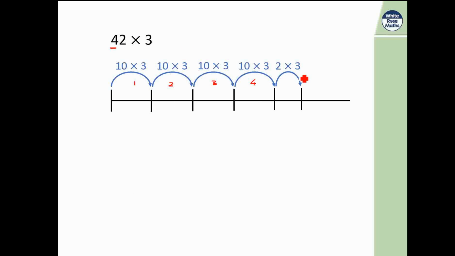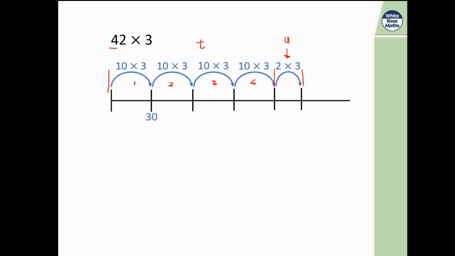Now, they've done 2 times 3 here, which is this last number. Okay? So this part represents the tens, and this part here represents the units or ones. I'll put a U because, as I always say, an O looks like a 0. So this represents the tens, and this represents the units. Okay, right. Let's see how they. So they've got all the tens.